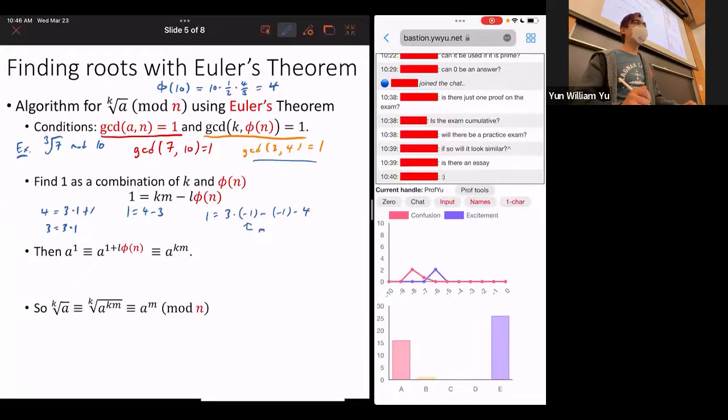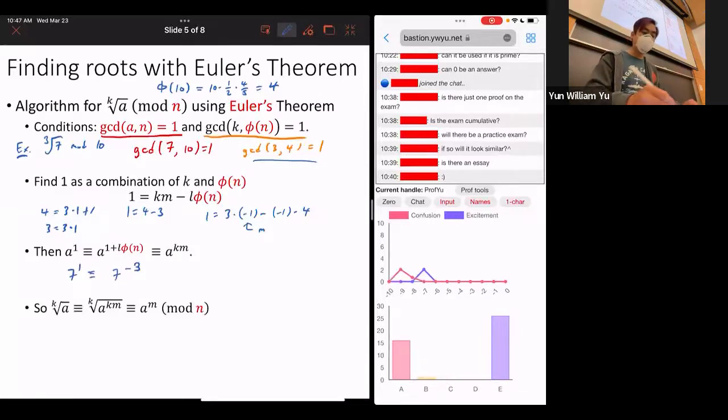Okay? And then what you do is, well, then you can write this out. Well, km is minus 3, right? Because it's 3 times minus 1. And so here we know that a to the 1, so 7 to the 1, is congruent to 7 to the minus 3, right?